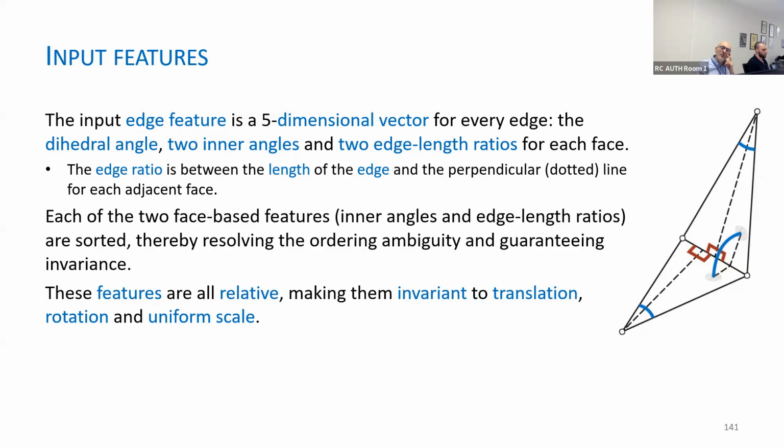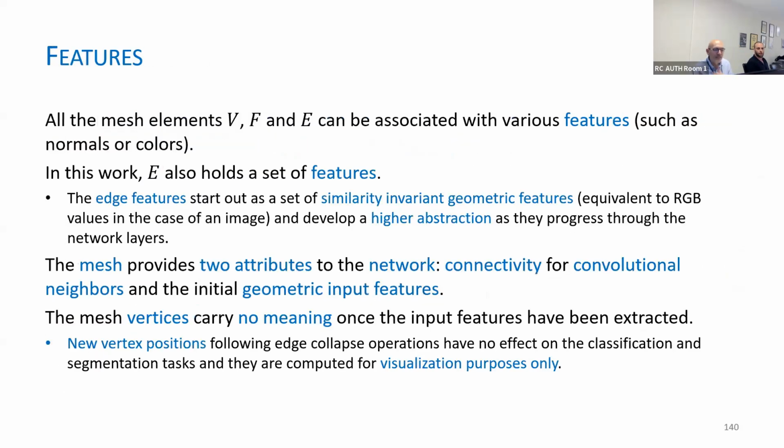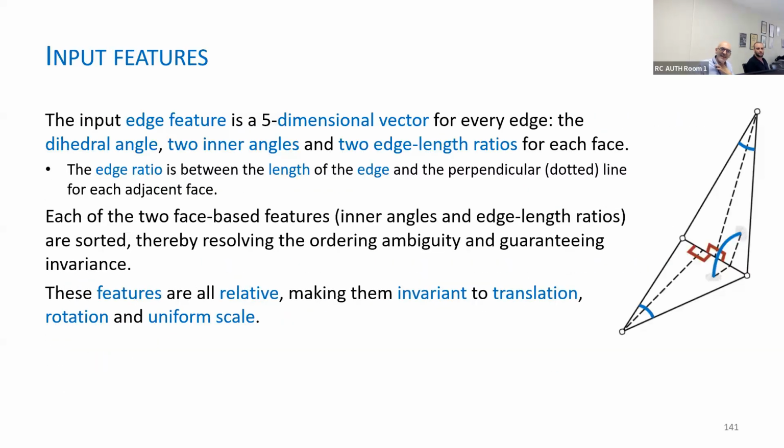So the first one is this angle between the two triangles. Then we have the angles of the opposite... sorry, the pointer doesn't work, but anyway, we have the blue angles of the two triangles that represent two other features.